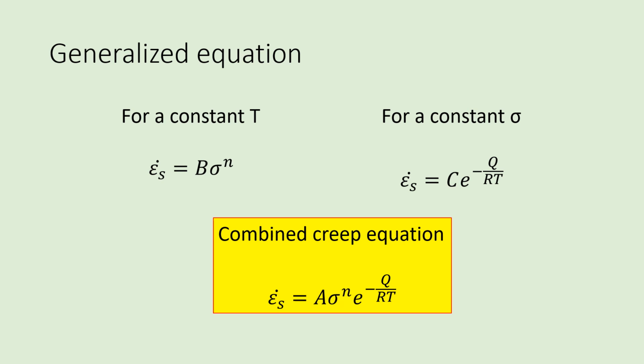This generalized equation is powerful as it can estimate steady state creep at a variety of stresses and temperatures. It can also be used to estimate the strain rate at a unique stress, temperature, or combination of stresses and temperatures that haven't been determined experimentally.